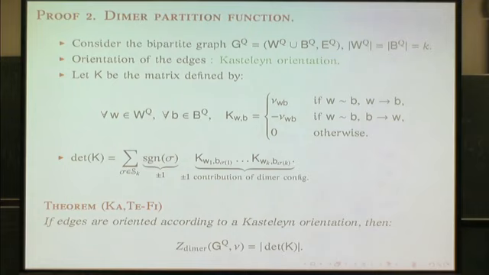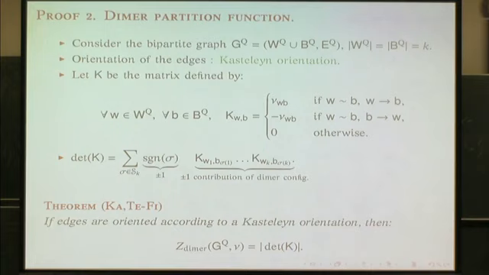And you define the matrix K to be the adjacency matrix of your graph, weighted and oriented, meaning that lines are indexed by white vertices, columns by black ones, and so you have non-zero coefficients if and only if you have an edge between the corresponding white and black vertex.